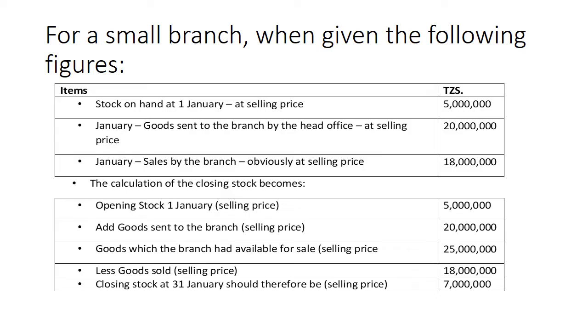But again, we deduct goods sold at selling price, which is 18 million. So closing stock should therefore be at selling price 7 million. If there are goods remaining which do not agree with these 7 million, then we will see that there is a misappropriation of stock.